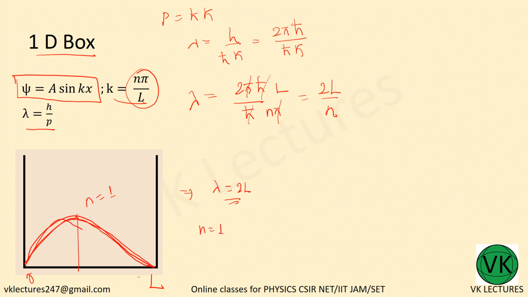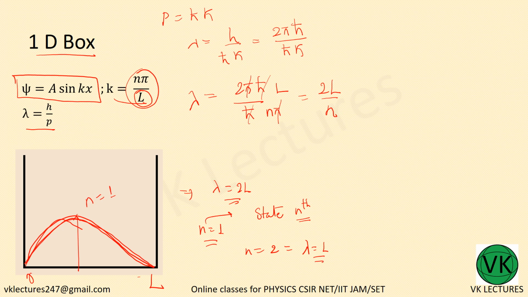Here, what is the meaning of n? n is the state, the nth state, the higher energy nth state wave function, where L is the length of the 1D box. So if n equal to 2, lambda is equal to L.